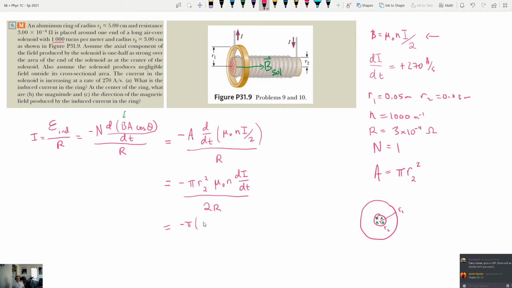Okay, R2 was 0.03. Mu naught is 4 pi. Little n is 1,000 inverse meters. di dt is 270.